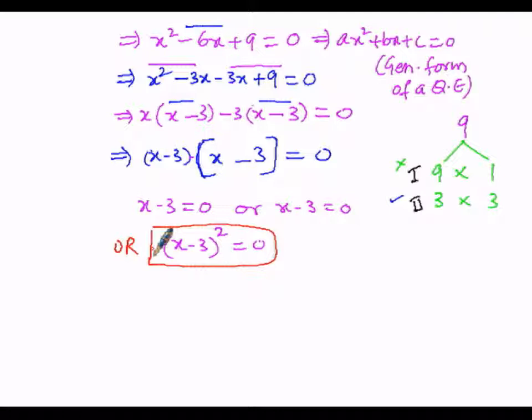Therefore, when x minus 3 is equals to 0, in order to get the x value, minus 3 must be transposed over to the right hand side. Minus 3, when transposed to the right hand side, gives positive 3. In this manner we got the x value as 3.